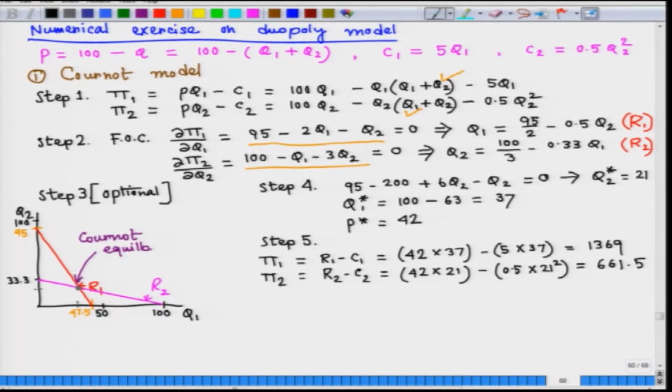So, finally, we have obtained the Cournot model outcome, and now we are going to look at the Stackelberg case. Now, in the case of Stackelberg, we have to assume that one firm is a leader and the other firm is a follower. Without losing anything, we can assume that our duopolist 1 or firm 1 is the leader and the other firm 2 is a follower. If we assume that, then let us see how the model outcome is going to respond to that assumption.